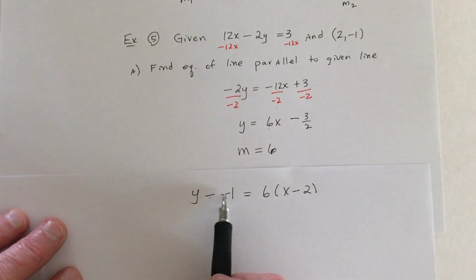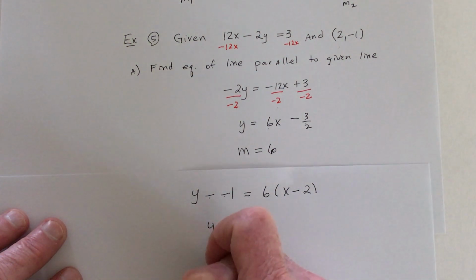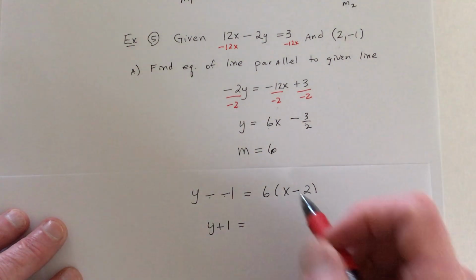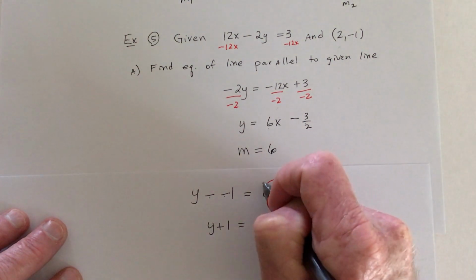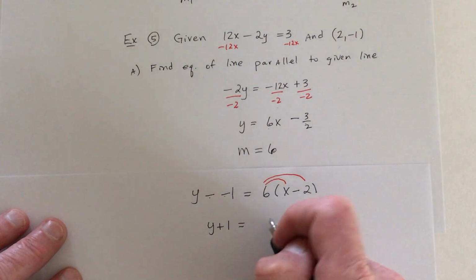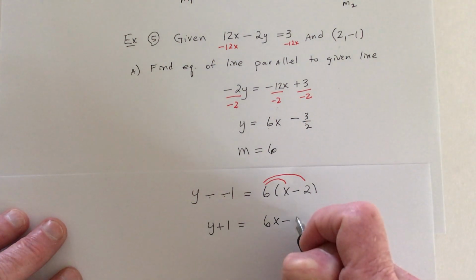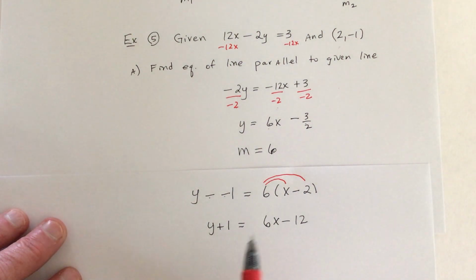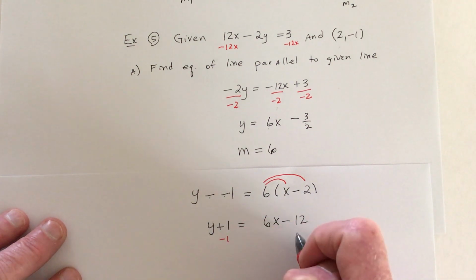And right here, a negative negative will make a positive, so that's y plus 1. And then I just need to distribute the 6. So on the right side, it's going to have a 6x minus a 12. And then there's only one more step, and that is subtract 1 from both sides.